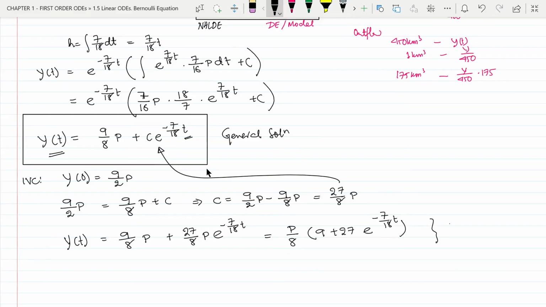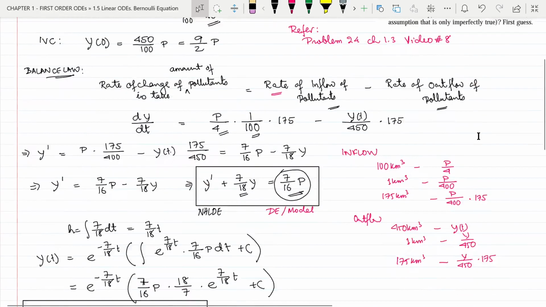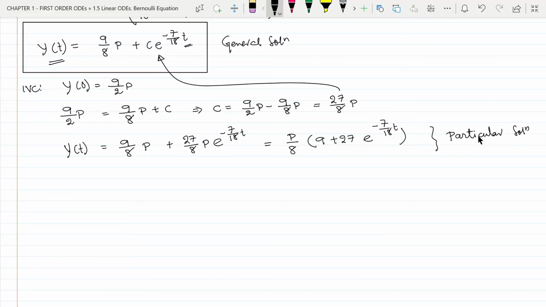And this is the particular solution of the differential equation. Now let us see what the question is asking. The question is asking how long approximately will it take to decrease the pollution concentration to p by 2. Now for pollution concentration of p by 2, let us find what would be the corresponding value of y. Then we can put that value of y in here to get the time taken to reach that pollution concentration.